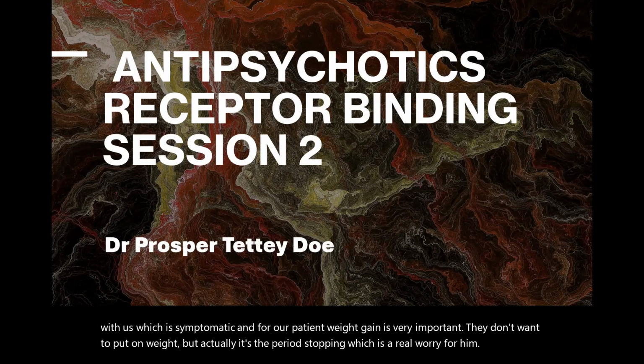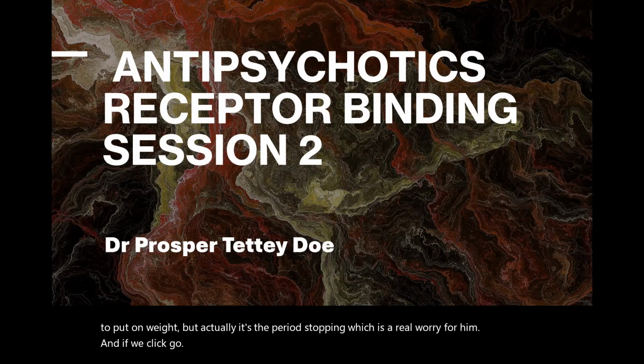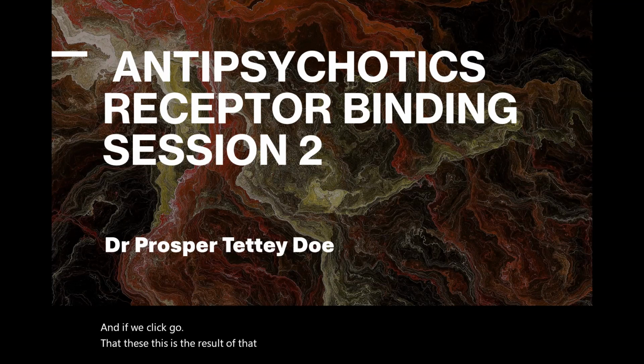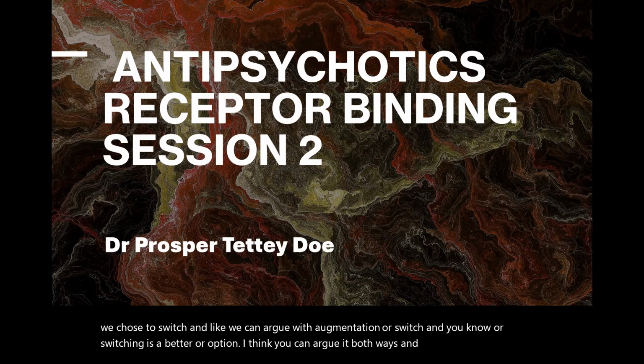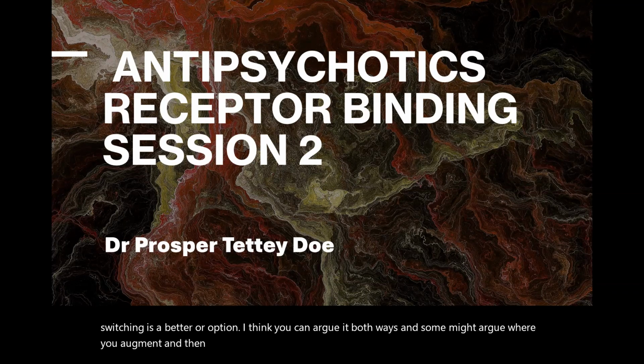And if we click go, then this is the result that Cymatic tells us based on the concerns of the patient, but also the data that is available. And we can argue whether augmentation or switching is a better option. I think you can argue it both ways, and some might argue when you augment, and then if that's effective, then you want to switch further down the line.